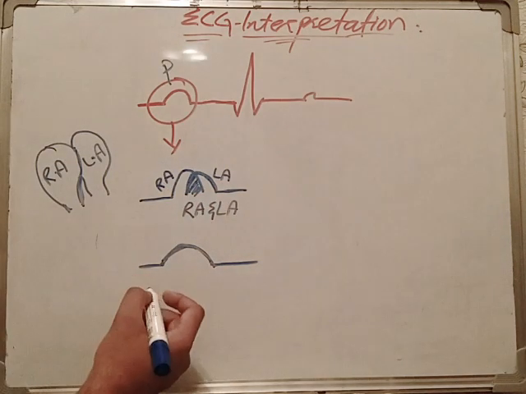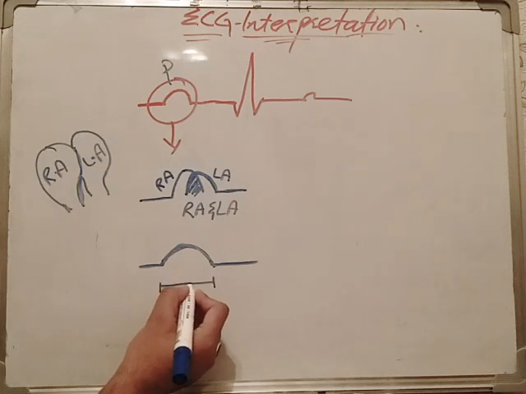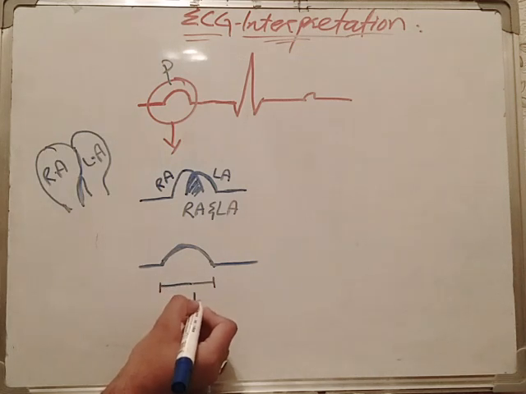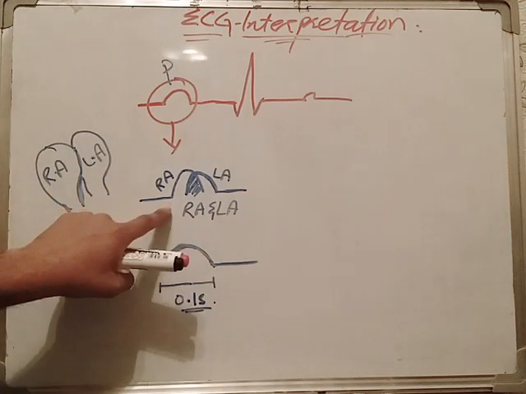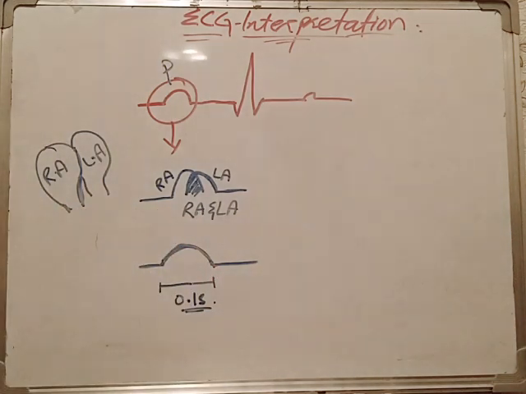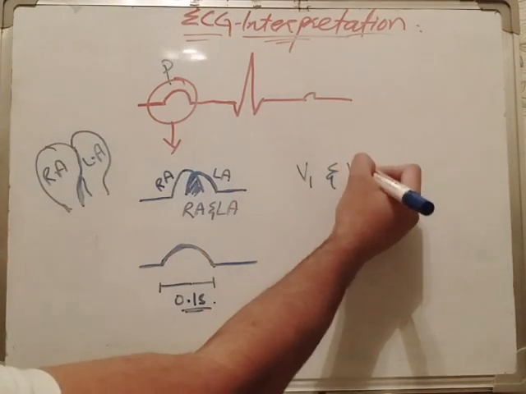Normally, the timing of atrial depolarization is 0.1 second, and this wave is normally seen in lead V1 and lead V2.